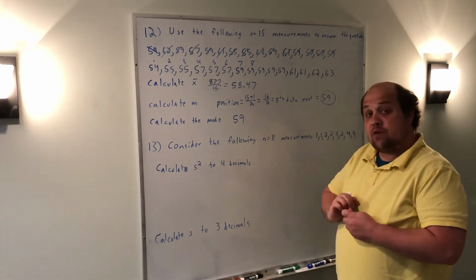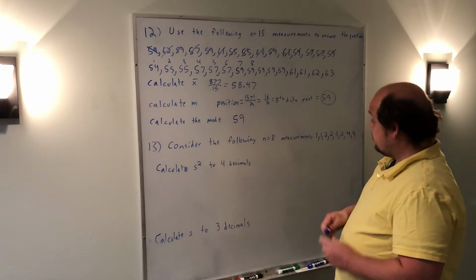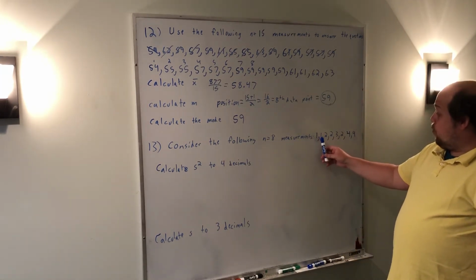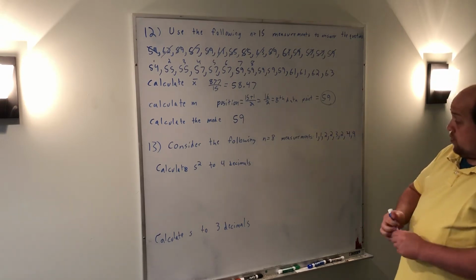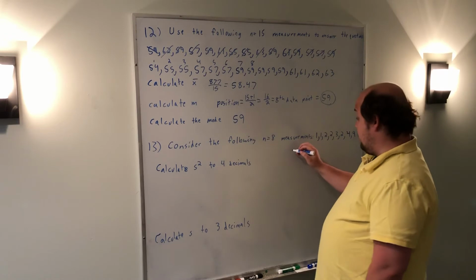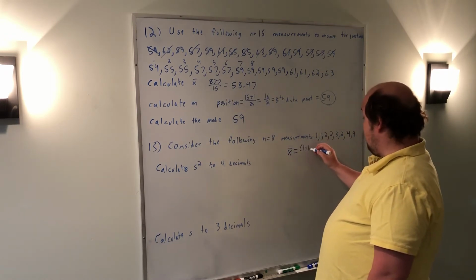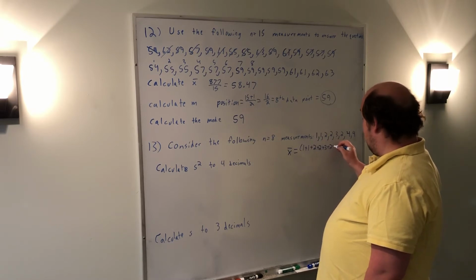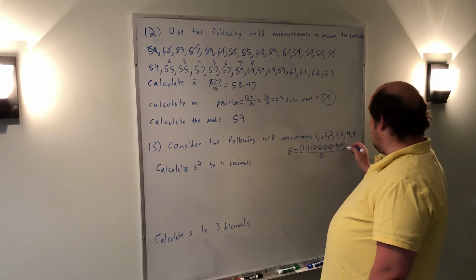In question 13, we're asked to calculate variance and standard deviation. So we're given n equals 8 measurements, 1, 1, 2, 2, 3, 2, 4, 4. First thing we want to do is calculate the mean, or x bar. So I'm adding together 1 plus 1 plus 2 plus 2 plus 3 plus 2 plus 4 plus 4, and I'm going to divide all that by 8.